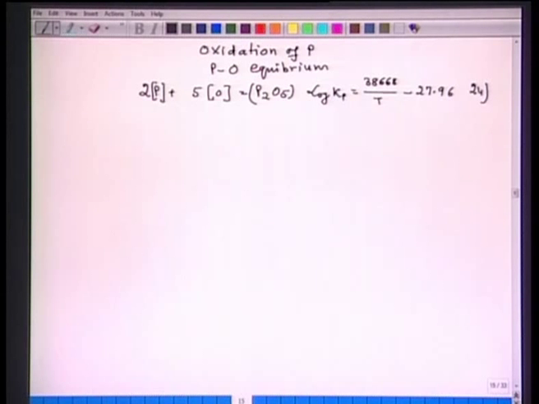Now, again I could get another source also, which says ln Kp is equal to 84851 upon T minus 66.9. Now, remember, this equation is in ln, the earlier equation is in terms of log.